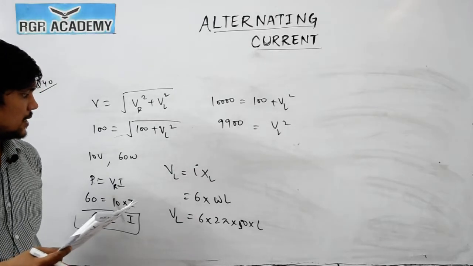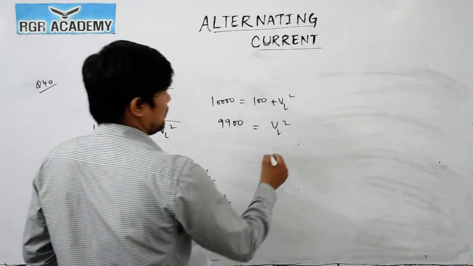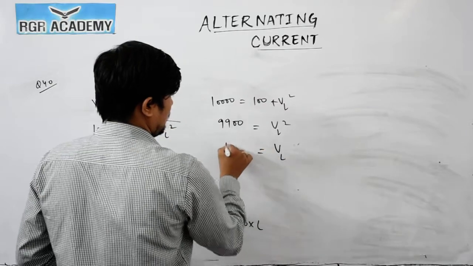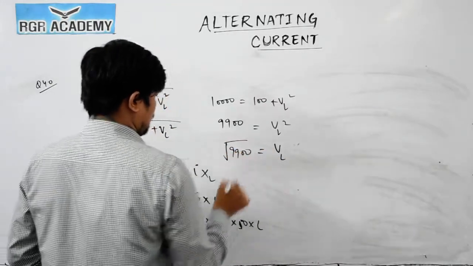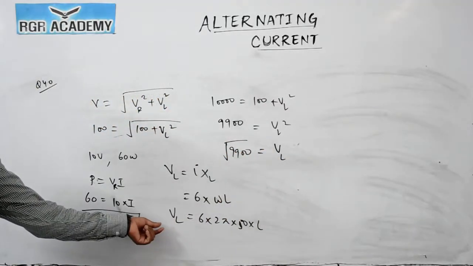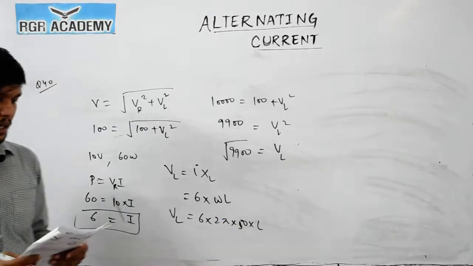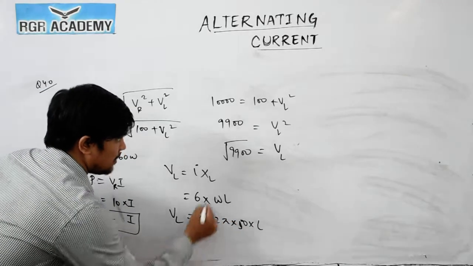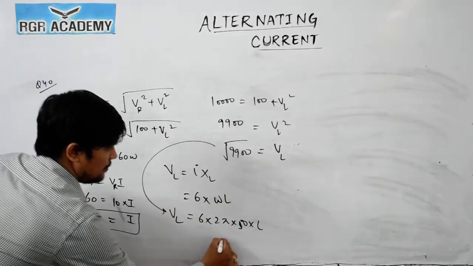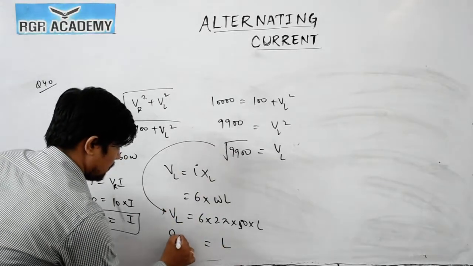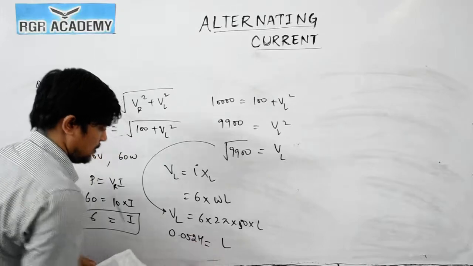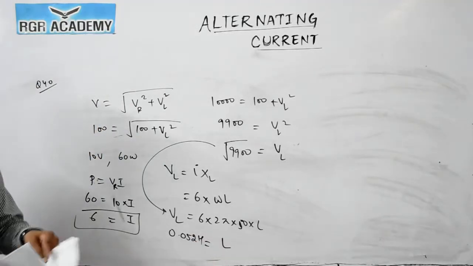So VL equals under root of 9900. Then we replace the value of VL and calculate L. The approximate answer is L equals 0.052 Henry. Just wait, I will check the answer for question number 40.